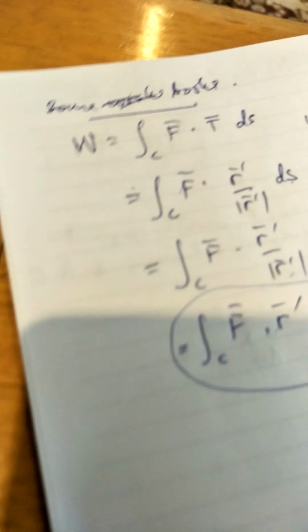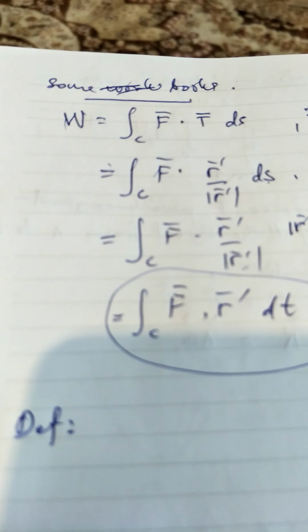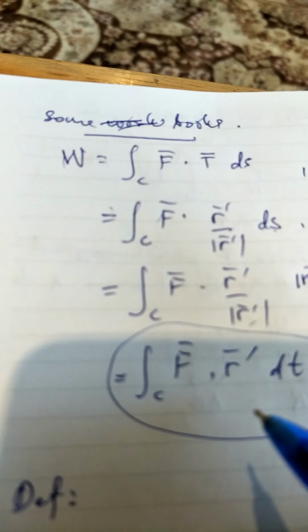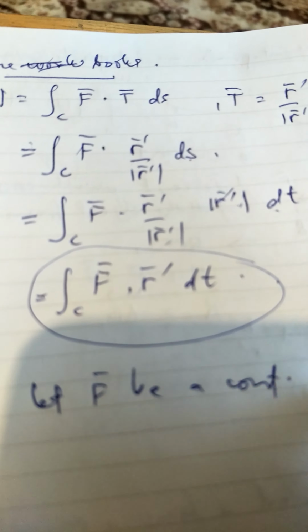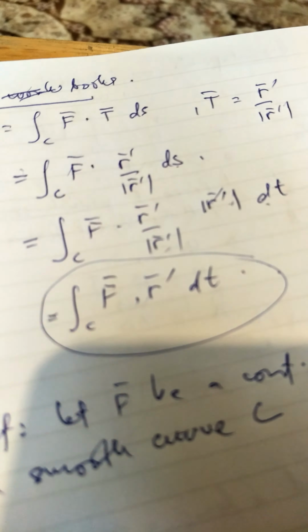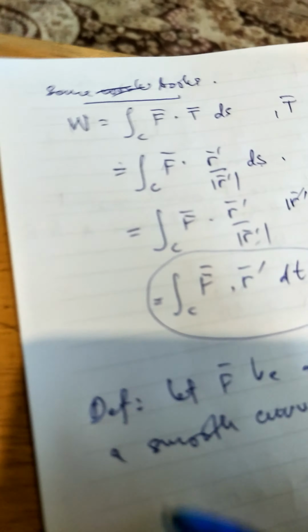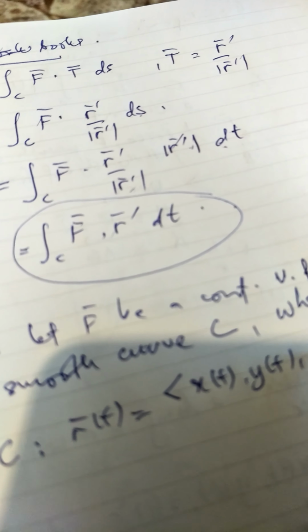So let us go to the formal definition. Let F be a continuous vector field on a smooth curve C, where C is described as the position vector R given as x(t), y(t) and z(t).